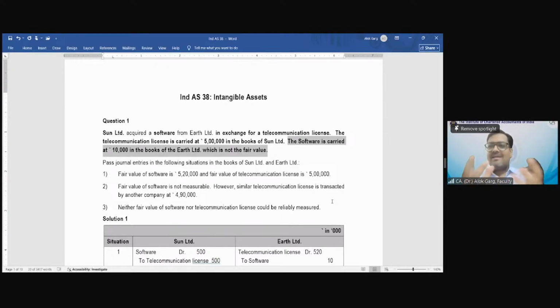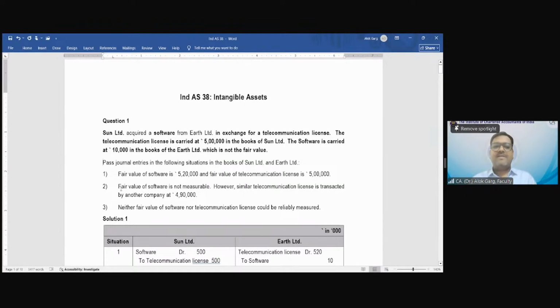Earth Limited is acquiring the telecom license and giving up the software. So the license WDV is given in the books of Sun Limited, and the software WDV is given in the books of Earth Limited.